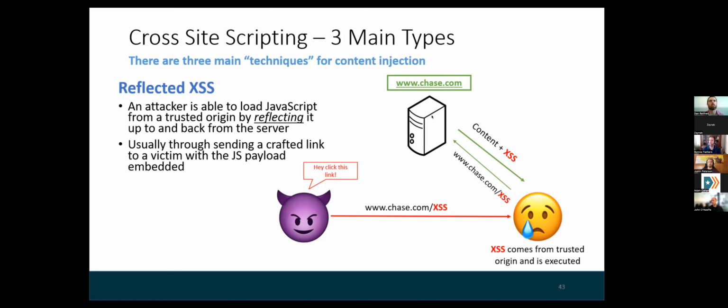And what that means is that chase.com reflects or just echoes back to you what you sent it. So when the legitimate content comes from chase.com, my bad payload is reflected or echoed back to the browser. And because the browser then sees that this response came from chase.com, it loads it within the Chase origin and starts executing that JavaScript. It doesn't know that that was bad code that was just echoed back to me. All the browser sees is that, oh, this code was sent to me from chase.com, therefore it's trusted, and I will start executing it.